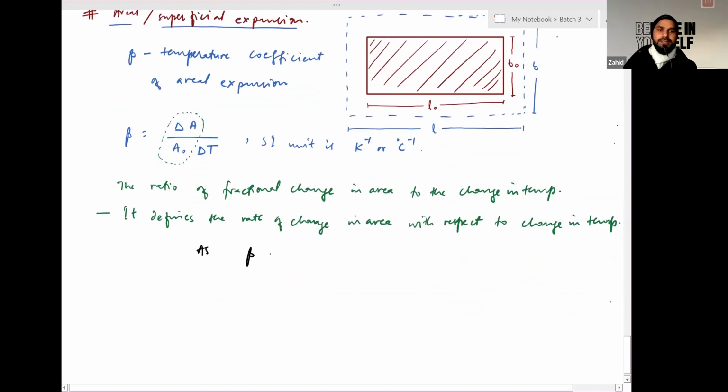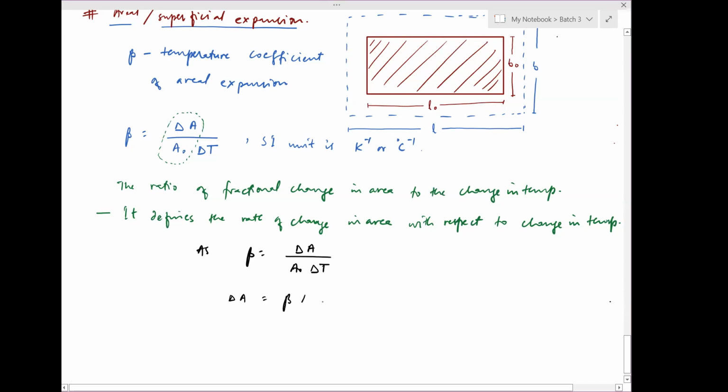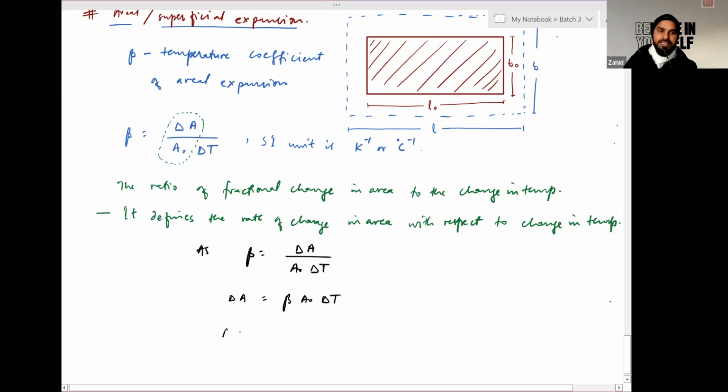Beta equals delta A divided by A naught times delta T. So just cross multiply, you will get delta A equals beta times A naught delta T. Delta A is nothing but final area minus initial area, equals beta A naught times delta T. Move this A naught to the right side.